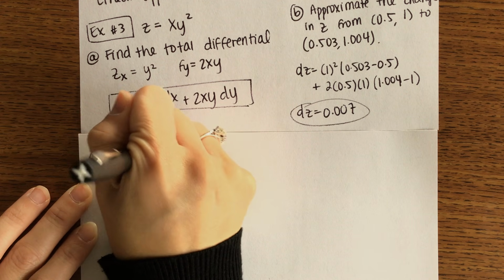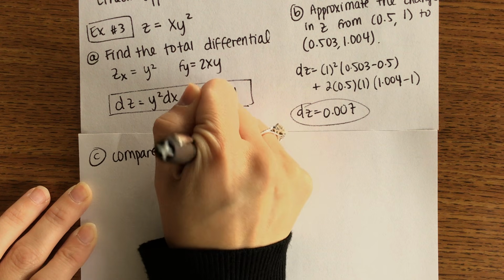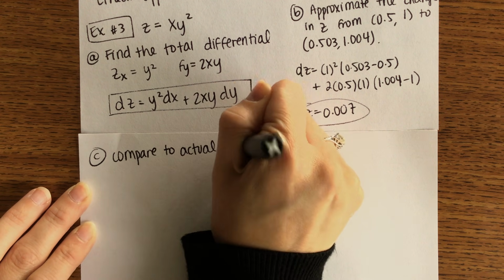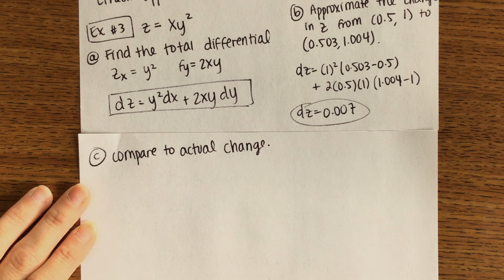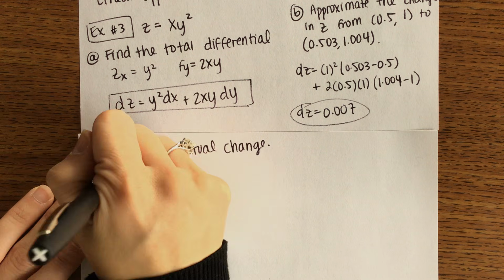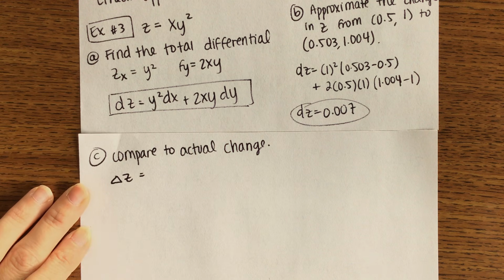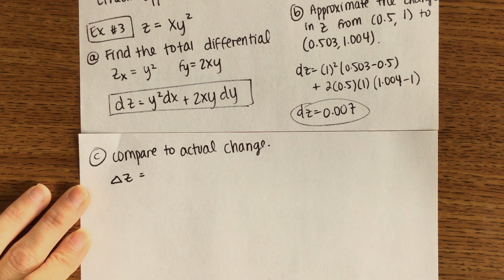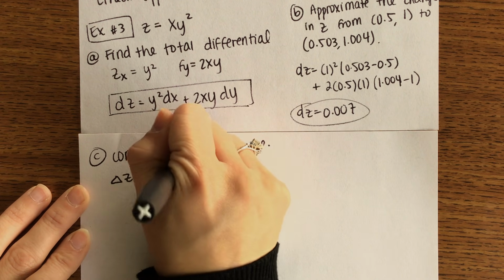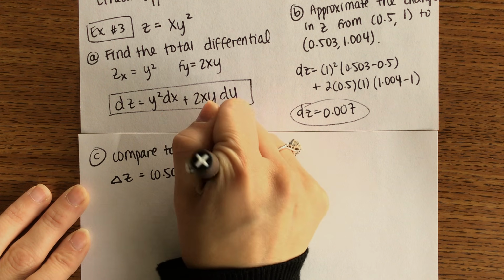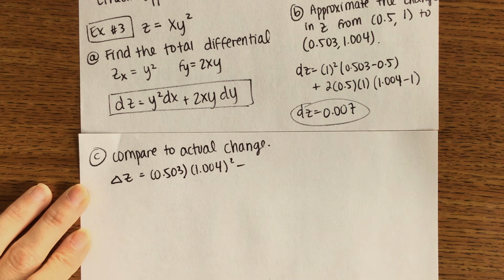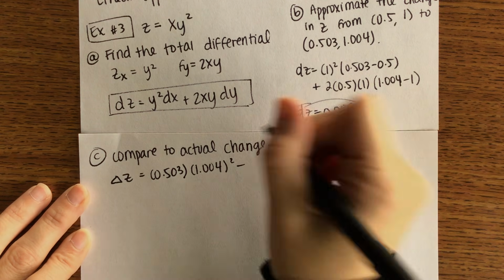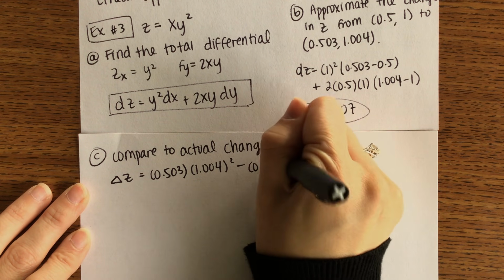Next, we are going to compare to the actual change. So remember that dz is an approximation. Delta z is the actual change in z. So the actual change in z we're going to find from subtracting the two z values. So we're going to plug these two values into our surface. So we have x, which is 0.503, times y squared, 1.004 squared, minus x, which is 0.5 times y squared.